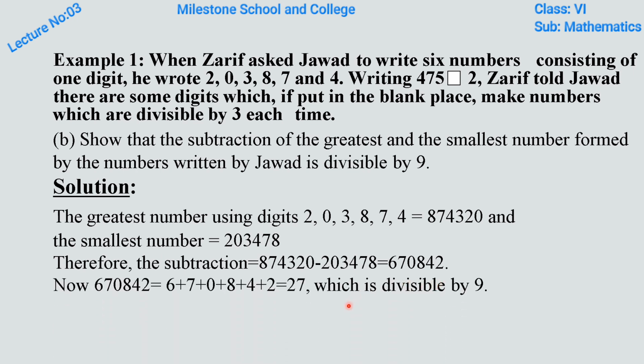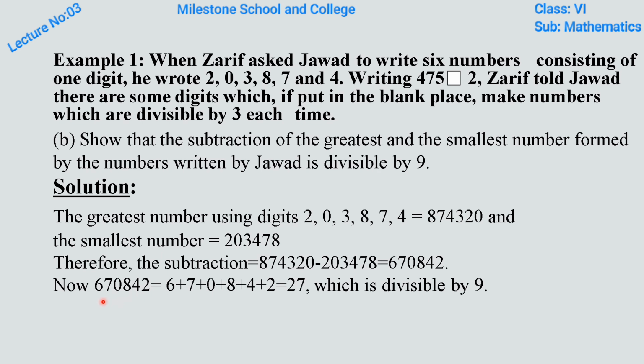At the beginning of this lesson I have already discussed the divisibility rule by 9. If the sum of the digits of the number is divisible by 9, then the whole number will be divisible by 9. So we will use that technique, my dear.